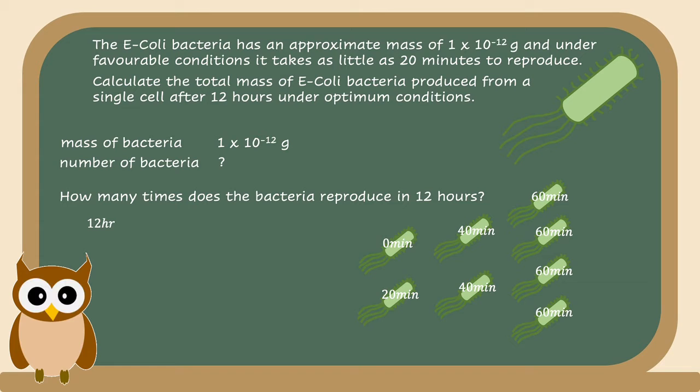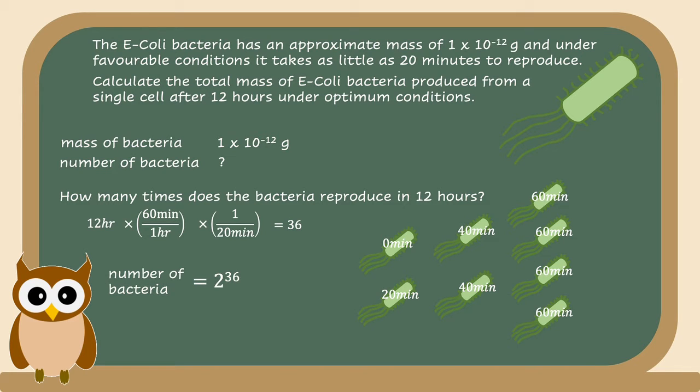So using a bit of dimensional analysis, we can convert from hours to a number of reproduction periods like so. The bacteria are left to reproduce for 12 hours. We can convert hours into minutes and then divide by 20 minutes to give us the total number of reproduction intervals, which is 36.